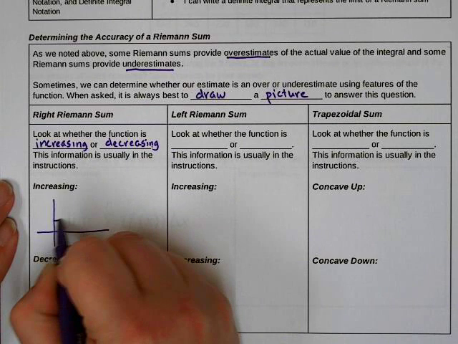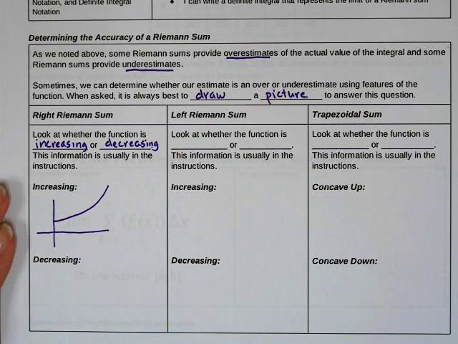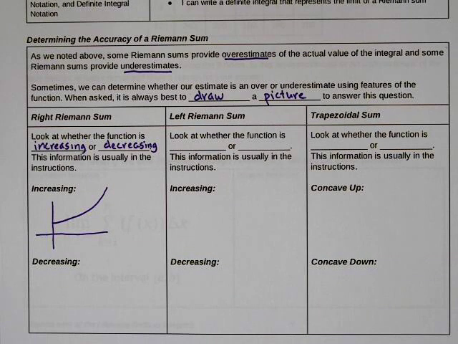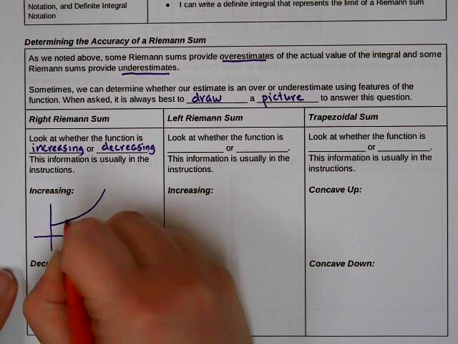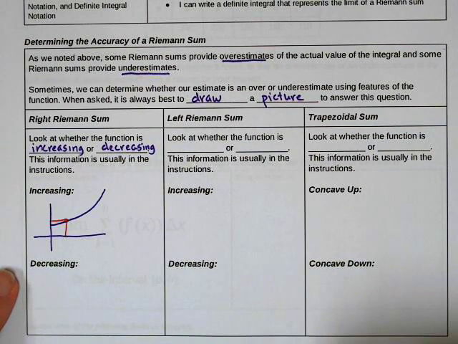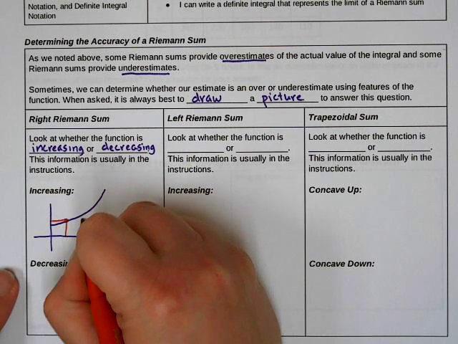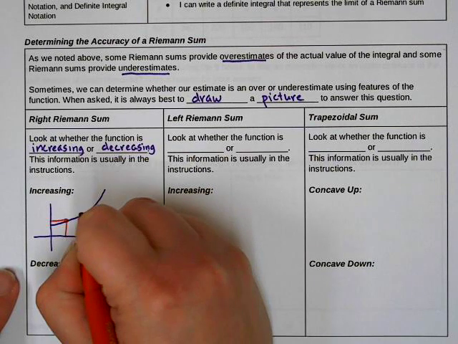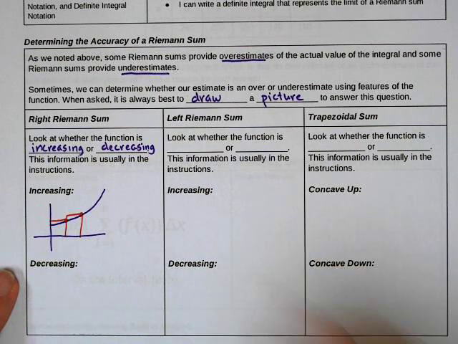And we've got a function that's increasing like this. If I want to use a right Riemann sum, I need to think about what that would actually look like. So if I pick an endpoint right here, and I draw it over to my left endpoint, there's one rectangle. And then if I do another one right here, here's another rectangle.